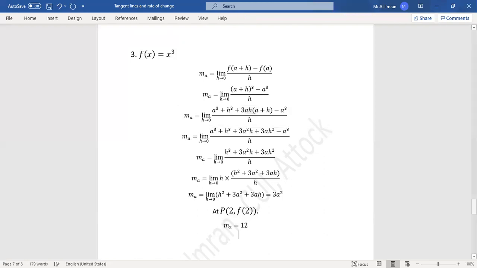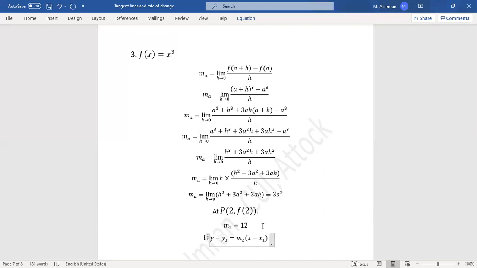Now we will find the equation of the tangent line. Its formula is y minus y1 is equal to m2 into x minus x1.